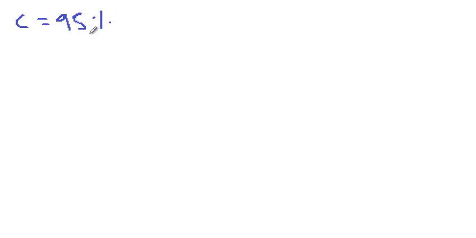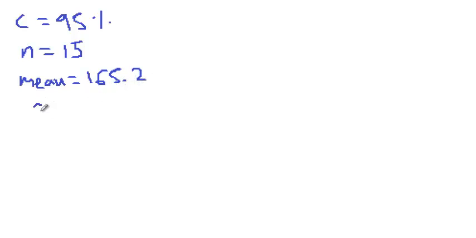Okay, we've got a sample number of 15. We've got a mean of 165.2. We've got a standard deviation of 13.5. Okay, so the first thing we want to do is get the population standard deviation.